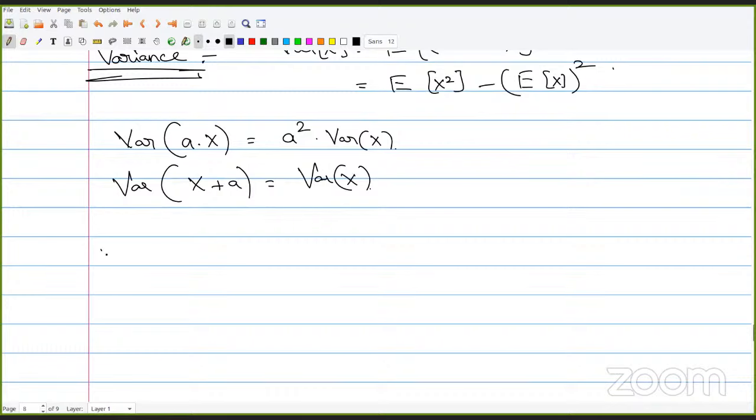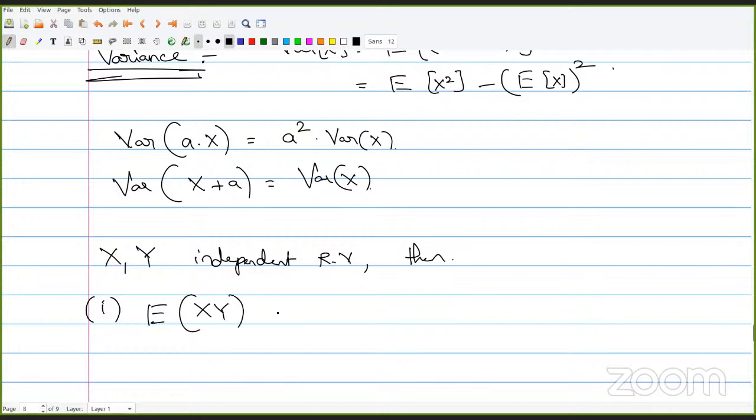Now when x and y are two independent random variables, we have a few interesting conclusions. One is the expected value of xy, x times y, will be the expected value of x times the expected value of y.